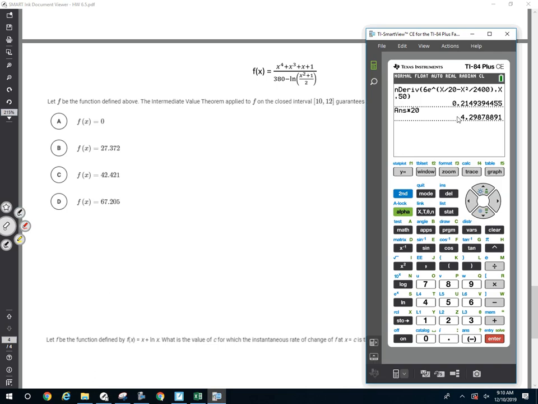So we're going to graph this. We're going to see which one of these numbers do we cross through? So we got to be able to graph the function. We're not going to worry about the derivative of the function. Just x to the fourth plus x cubed plus x plus 1 divided by 380 minus natural log of x squared plus 1 divided by 2.